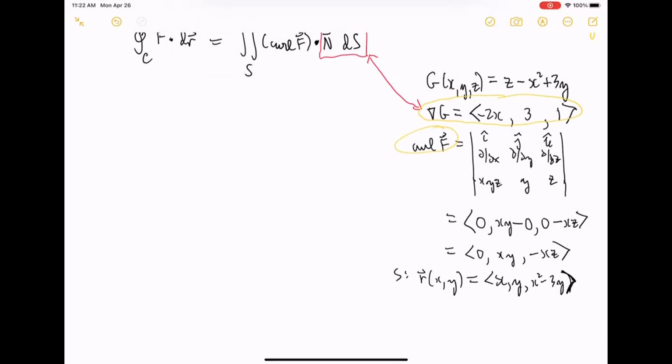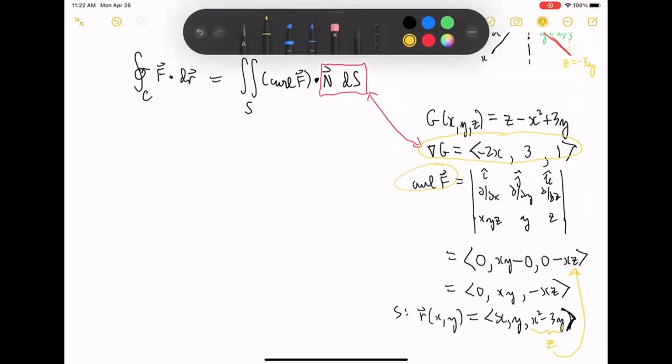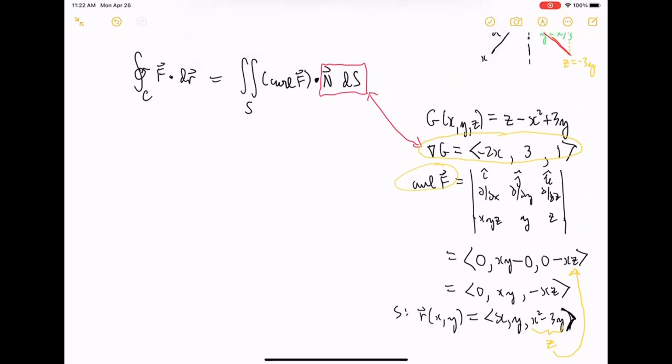The only place we're really going to have to think about is that because this guy is z right here, we really need to plug in x and y for x and y, which is sort of stupid, yes. And the only thing we have to think about is plugging this z in right here, right? Okay. So what's curl of F? So hang on, let's start to do this computation.